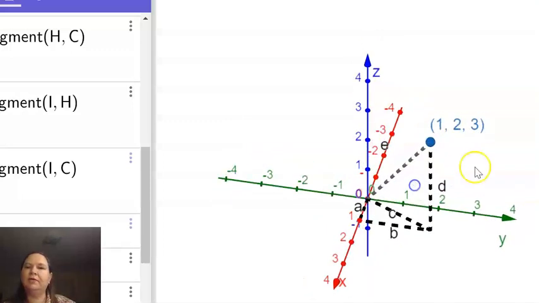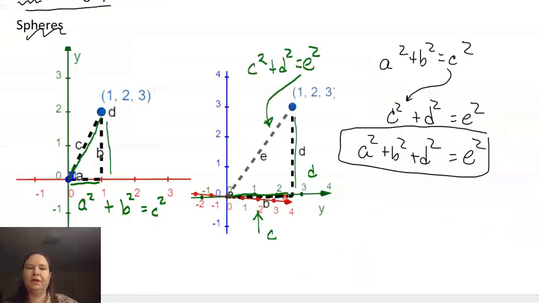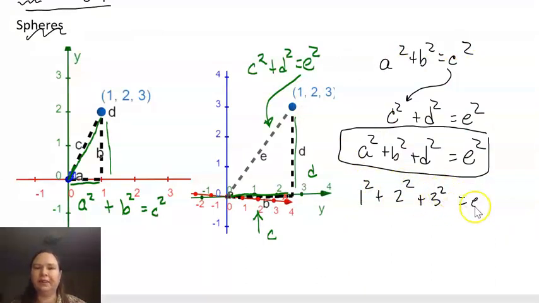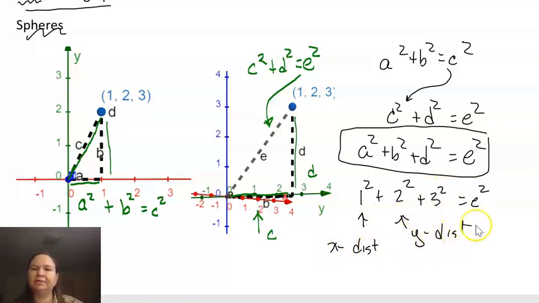So for my point 1, 2, 3, A is 1, and B is 2, and D is 3. And so what is that? Well, this is the x direction distance, and this is the y direction distance, and this is the z direction distance.